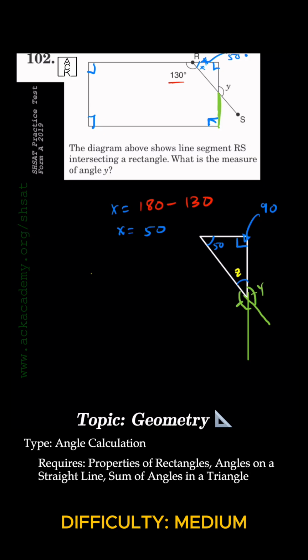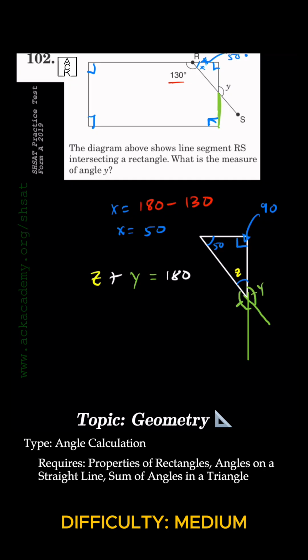So Z plus Y equals 180 degrees. Again, the recap: the 180 is coming from this whole thing here, and a part of that will be Y.